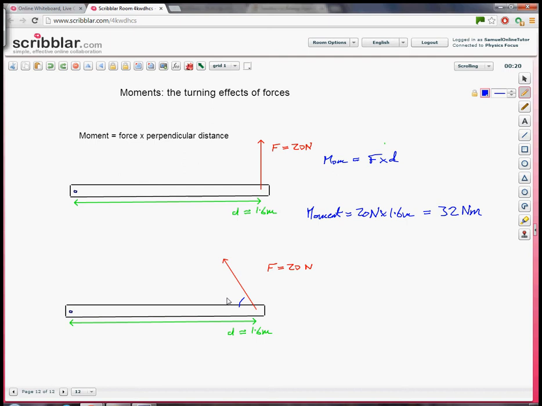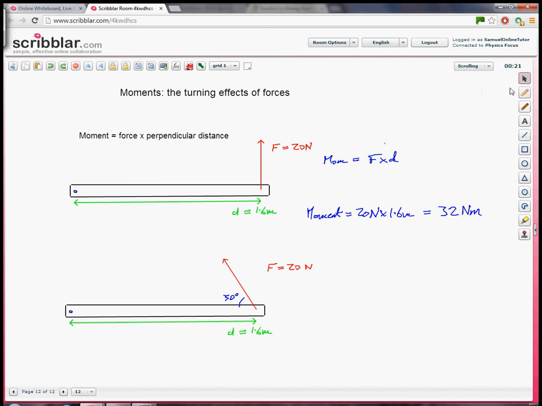So this angle here is, let's say, 50 degrees. Now that force will partly have an effect of pulling the gate open, but it will also partly be pulling the gate back onto the hinge, which won't have any effect at all in terms of turning it. And the moment now will not be 32 Newton meters. It'll actually be a bit less.